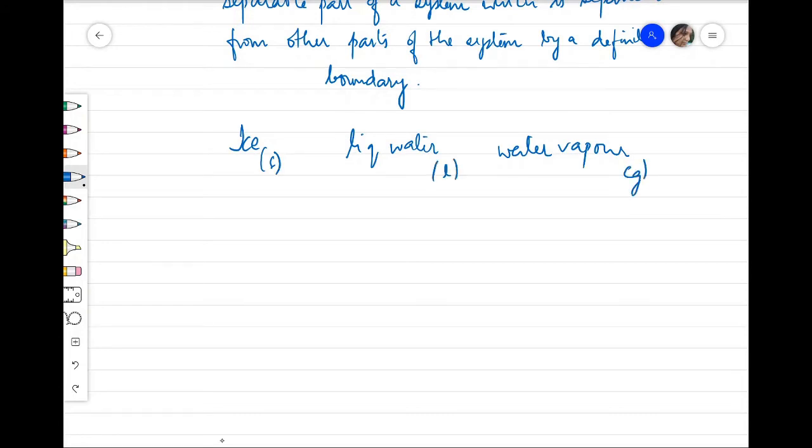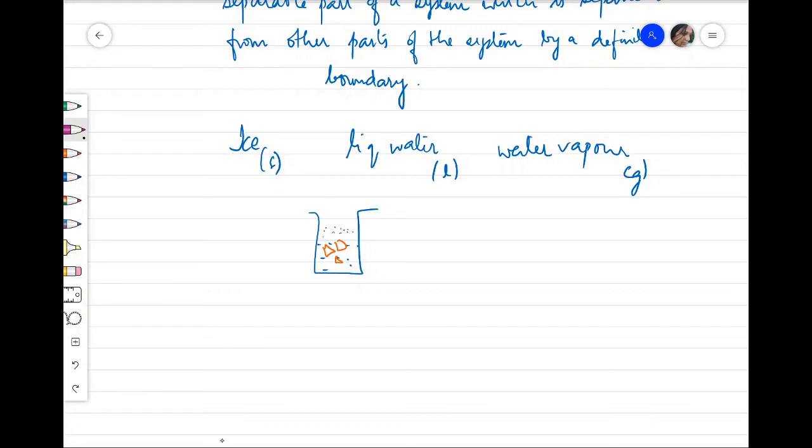When all three coexist, we are talking about water having 3 different phases. Say I'm taking a glass filled with water, with some ice cubes in it, and some water vapor molecules on top.